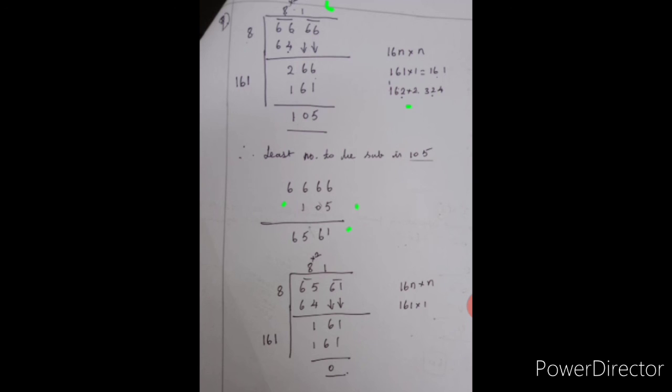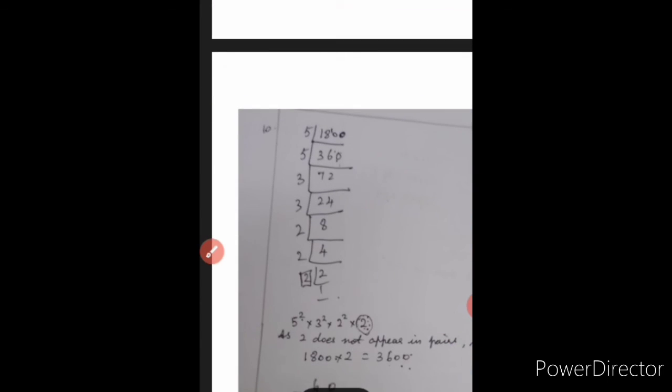The new divisor is 8 into 2 is 16. So in the place of n, substitute the value 1, that is 161 into 1, which is equal to 161. 161 minus 161 is 0. Therefore, your answer is the square root of 6561 is 81.